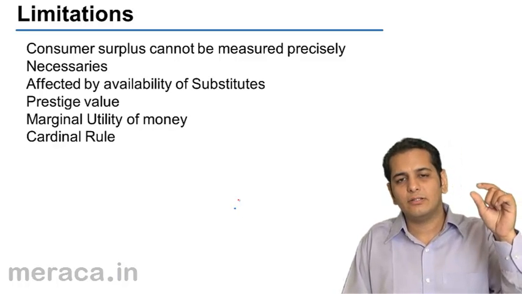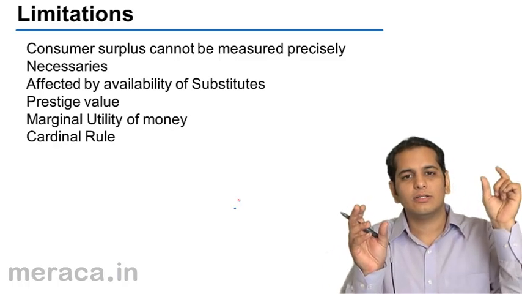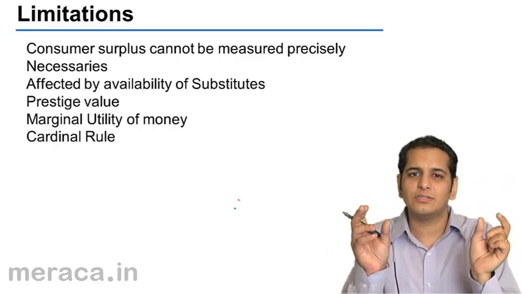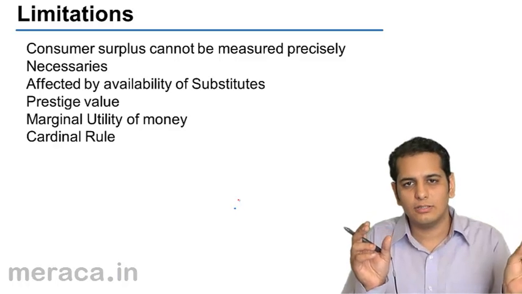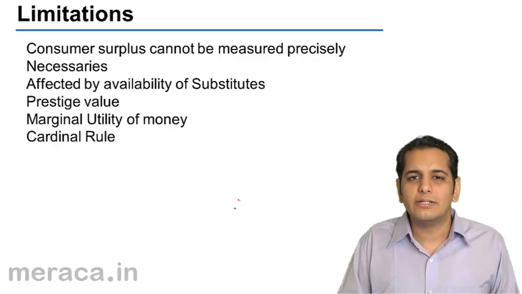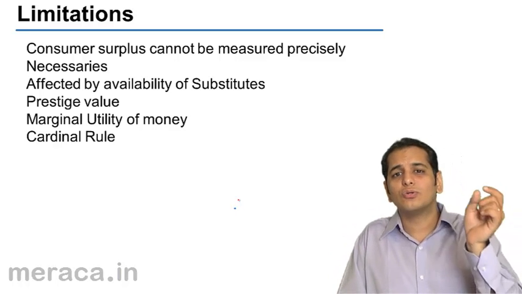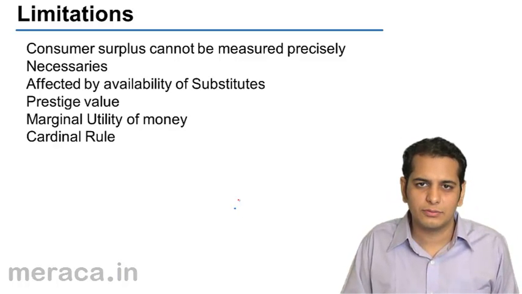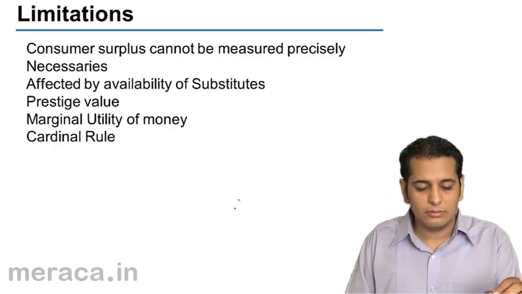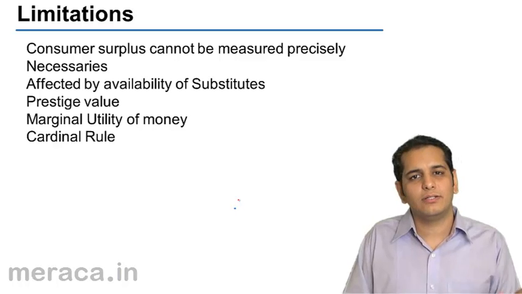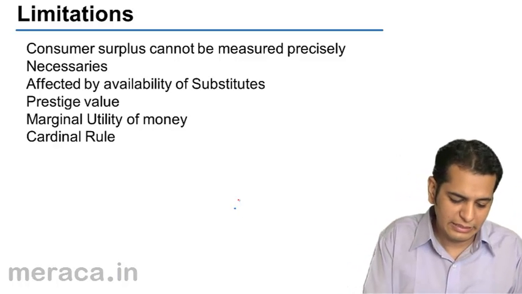So, when the price is constant, the consumption of necessaries is also constant. The marginal utility derived from them also remains constant. Thus, the consumer surplus theory does not apply to the necessaries.